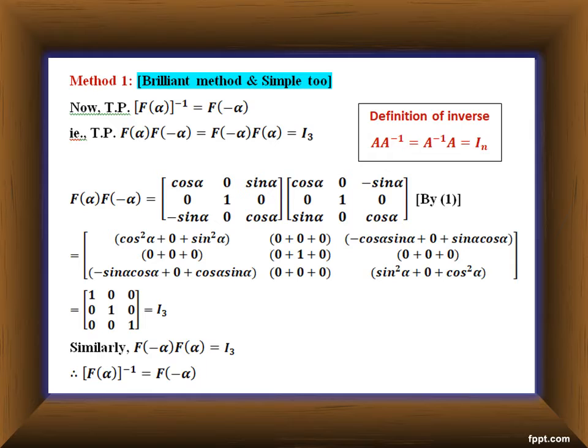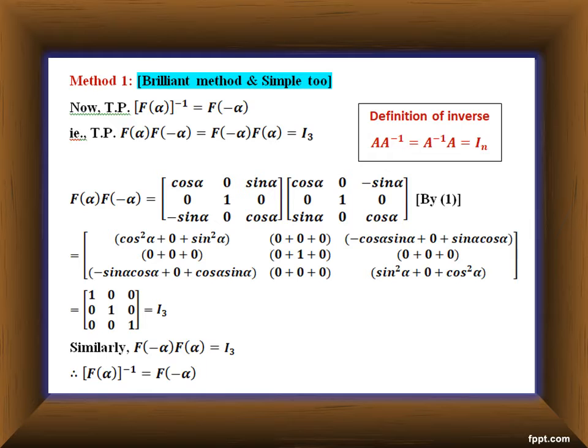So here you forget that minus 1. The inverse of f of alpha we need to prove as f of minus alpha. So when we multiply f of alpha and f of minus alpha, we need to get the identity matrix. That is the idea. So we need to prove f of alpha into f of minus alpha equals f of minus alpha into f of alpha equals I3.